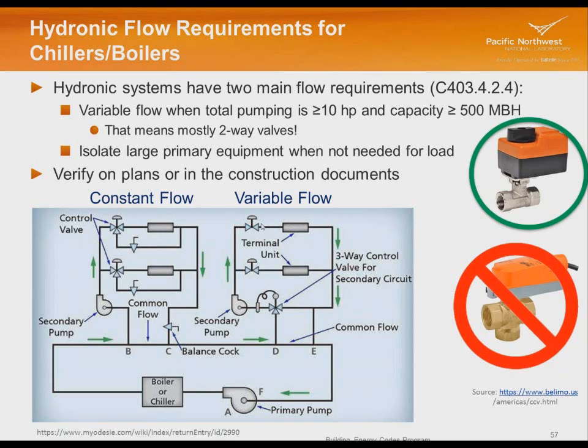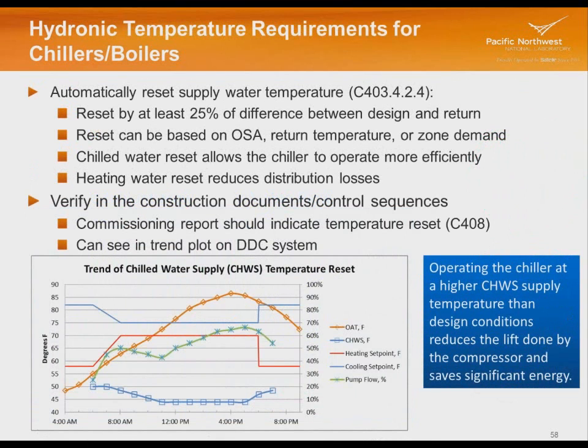So even though it's a variable flow system, we may have a small proportion of three-way valves, but it certainly shouldn't be more than half three-way valves based on our code requirements. So you should see mostly two-way valves in the system, either on the plans or out there in the field.